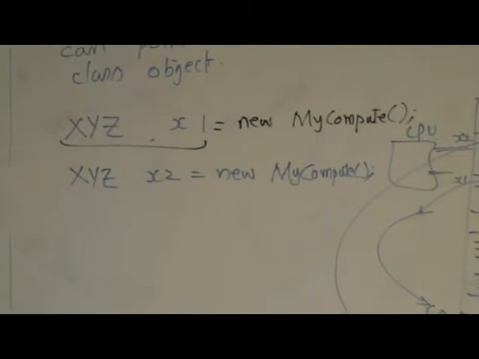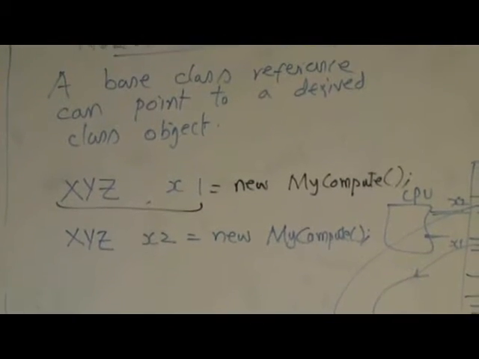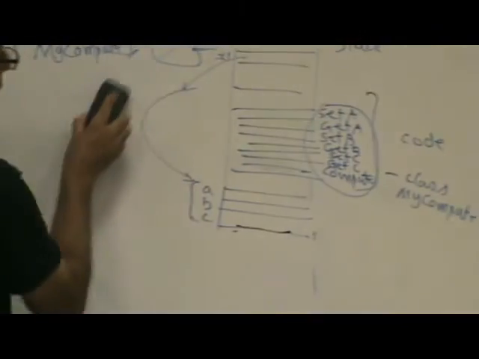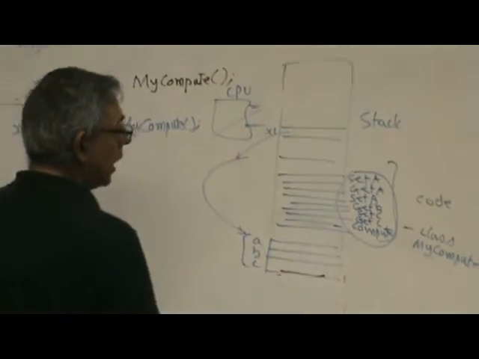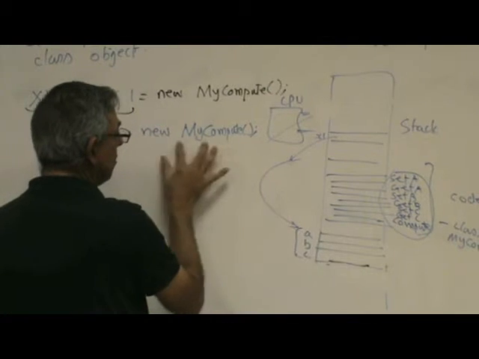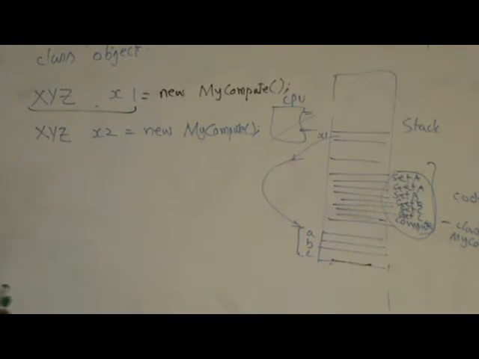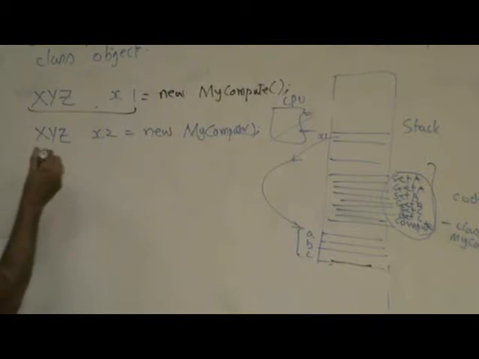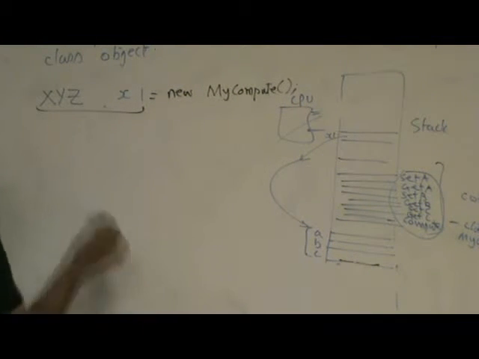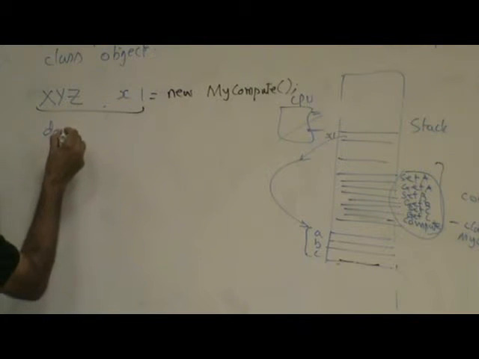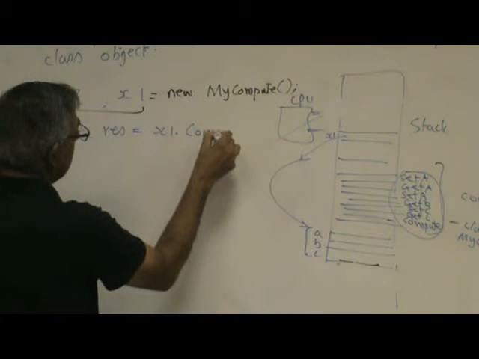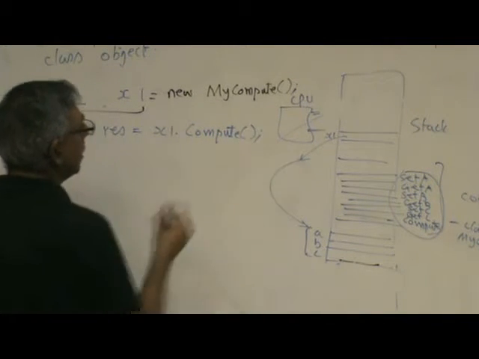Very similarly, there will be another code area over here for a class called XYZ. Now let's take a look. Suppose we create only one object and connected it to some memory, ABC. Now what will happen if somebody tried to do this: double result equal to x1.compute?